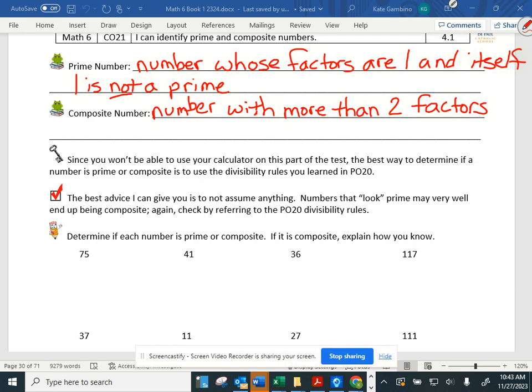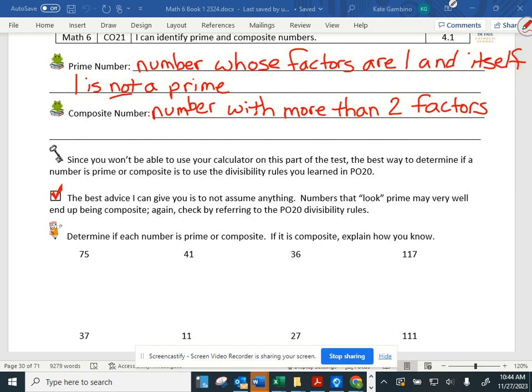Ava. On the test, so the number is 4. When you have to say composite, do you multiply or divide by 2, or will you just say composite? Good question. I believe it's just prime and composite. You have to be able to say which one it is.